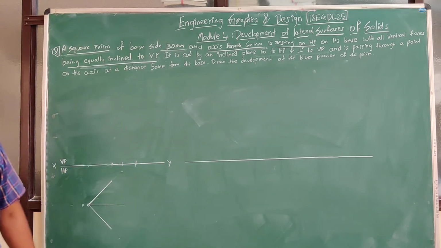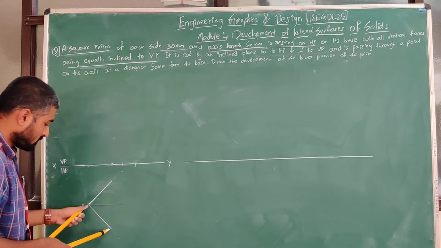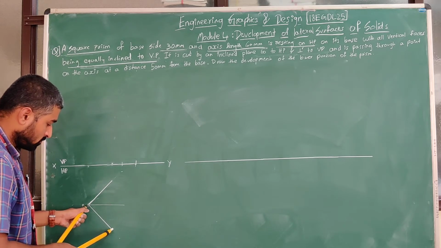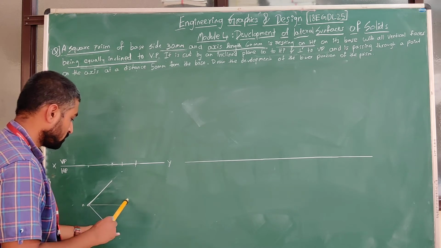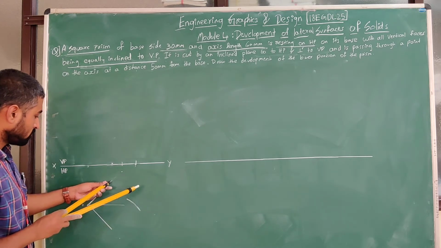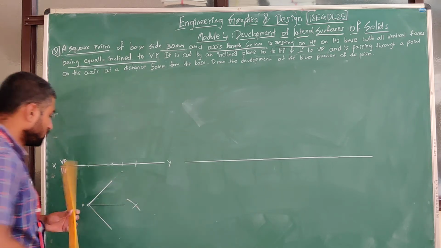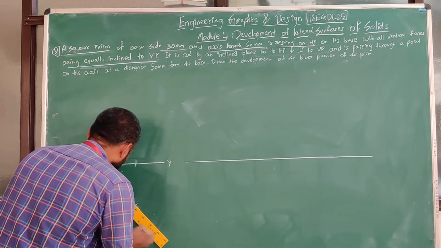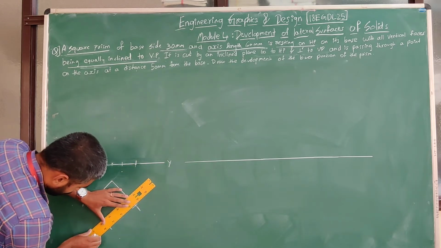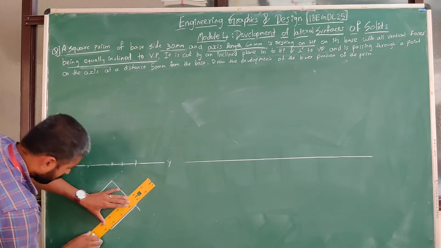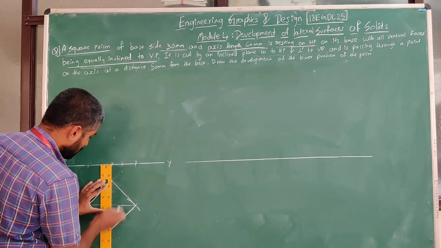Once you get these two edges, you can easily cut open the remaining part. Mark a point from this edge to this point, and you can easily mark the points. If you join these lines, you are going to get the corner points.